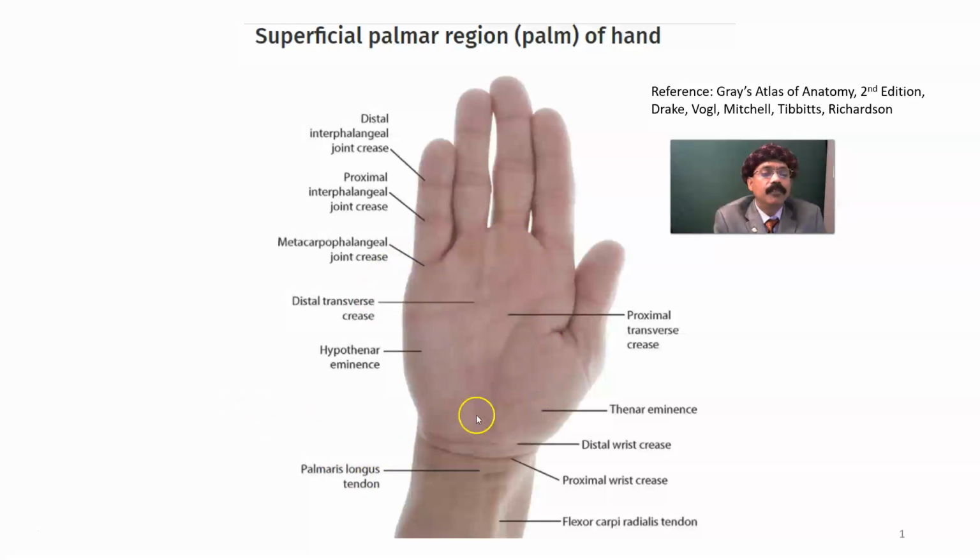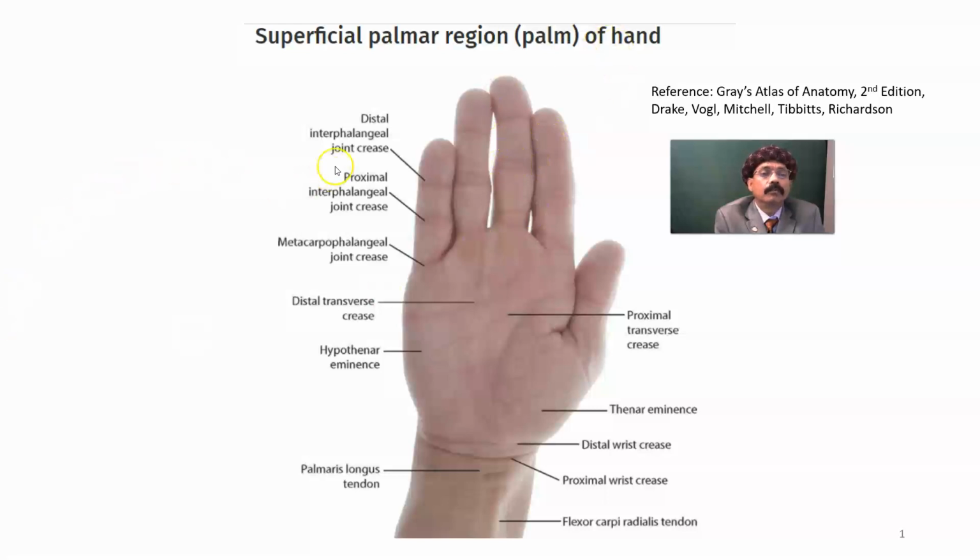This is the palm. This is the distal end of the upper limb, and the skin here is very thick. The skin has no hair and no sebaceous glands, but it certainly has sweat glands. The fingertips are rich with sensory receptors like Meissner's corpuscles, and also free nerve endings.